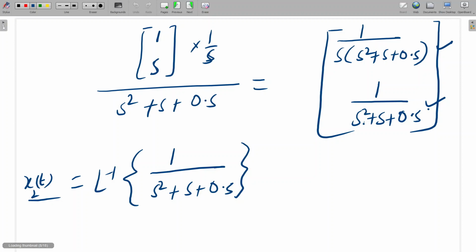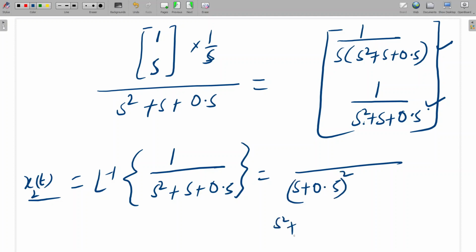So if we do s plus 0.5 whole square, what will happen? I'm writing s plus 0.5 whole square. So this will give s square plus s plus 0.25, correct? And plus 0.25 we can add.